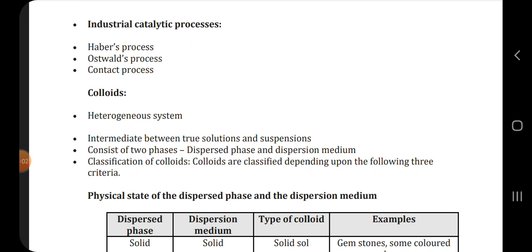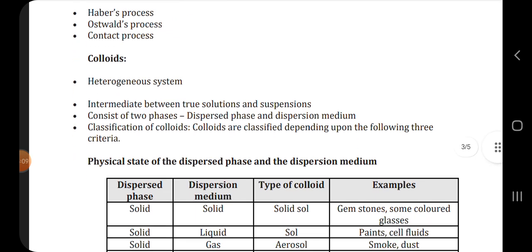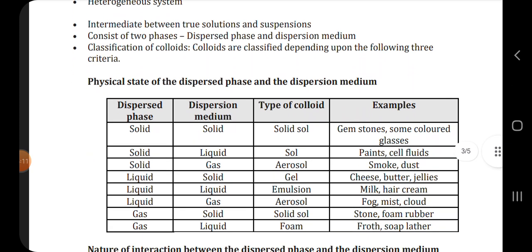A colloid is a heterogeneous system, intermediate between true solutions and suspensions, consisting of two phases: dispersed phase and dispersion medium. Colloids are classified depending upon the following three criteria: dispersed phase, dispersion medium, and type of colloid. If both are solid, then the type of colloid is solid solution, and if one is solid and another is liquid, then it is a sol, like this.